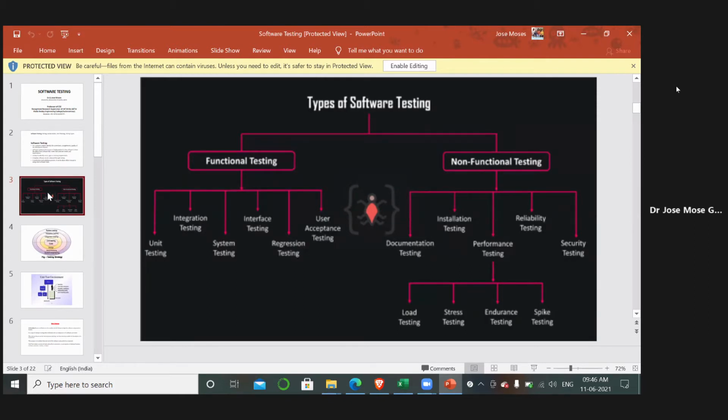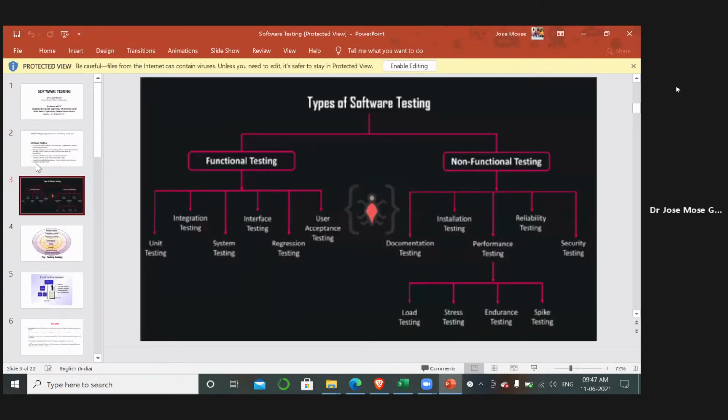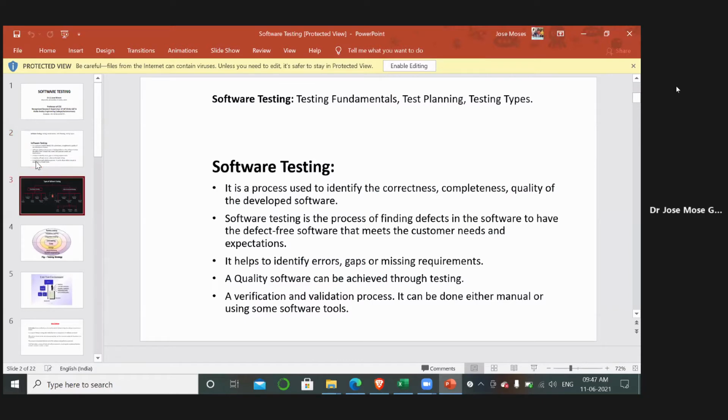Generally, I said in every project testing is one of the concepts. Without testing there will not be any project. You should remember these two slides, right?